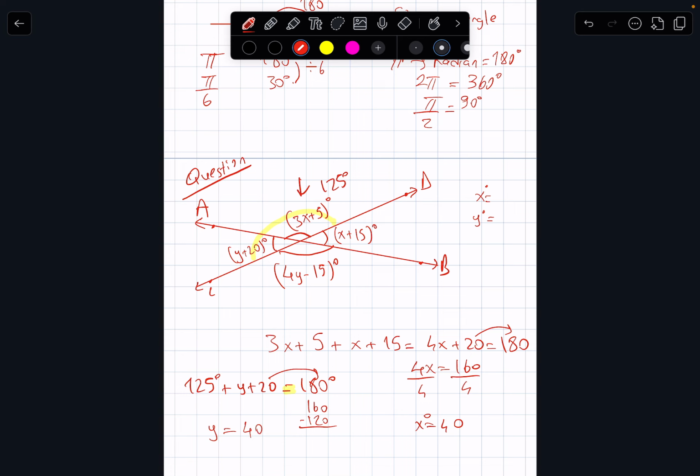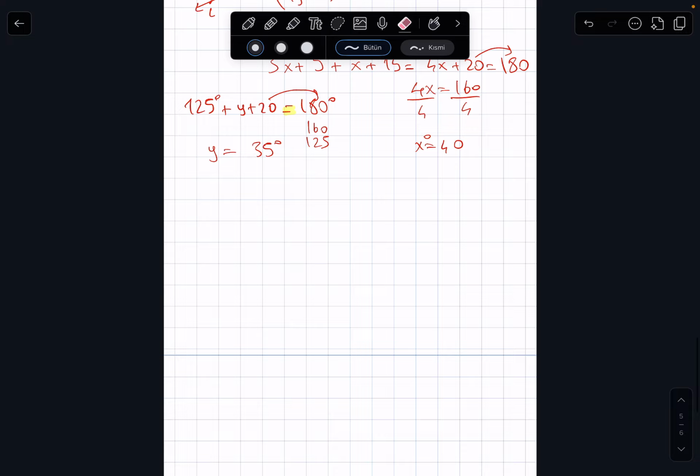So y is also 40. Am I right? No, my bad. It was 125. So 35. Yeah, 35 degrees. If I make some mistakes with the math part, good mathematicians are bad at calculating with the numbers. That's what people say, as far as I've heard. Okay, so that will be it.